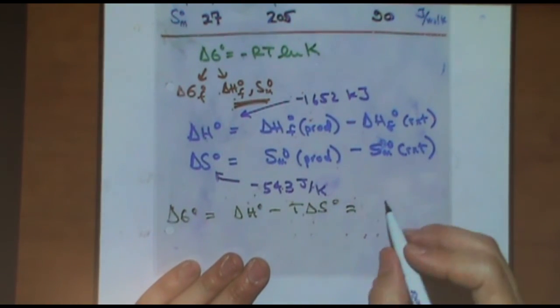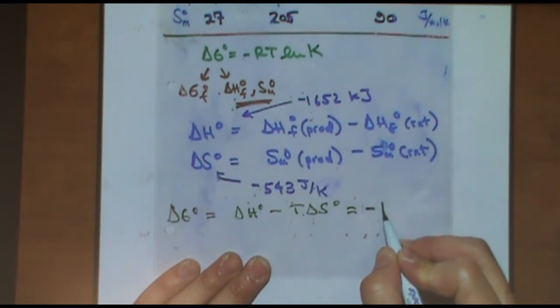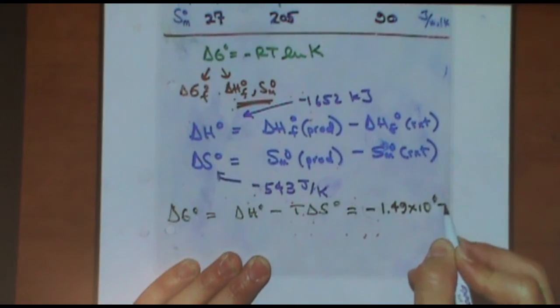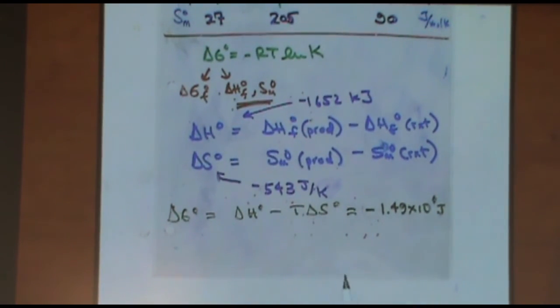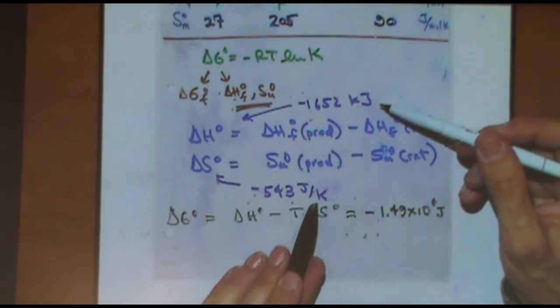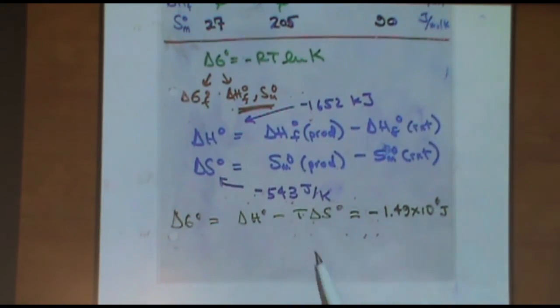I'll tell you what I got: negative 1.49 times 10 to the 6th joules. A couple things. Make sure you've got the same units. It's not the same right now. So joules or both kilojoules, whatever you prefer, or whatever the problem asks for, and then make sure the temperature is in Kelvin.